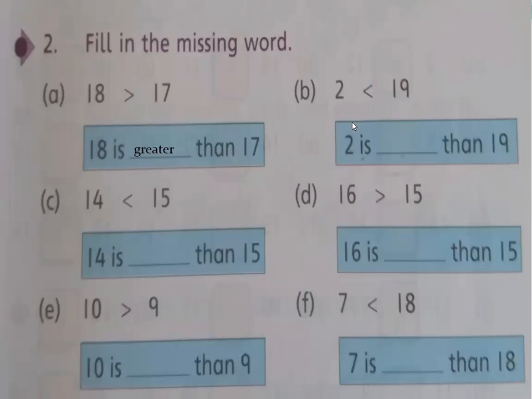Fatma, Minha, Manal, give the quick answer. 2 is less than 19 because 2 is a smaller number as compared to 19. The quantity is less as compared to 19. So 2 is less than 19. What is the spelling of less? Less. Okay, now come to the next one.